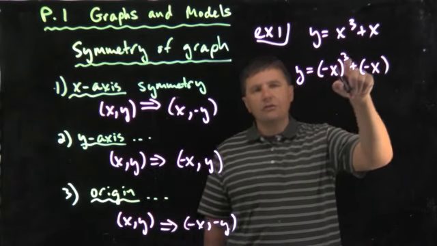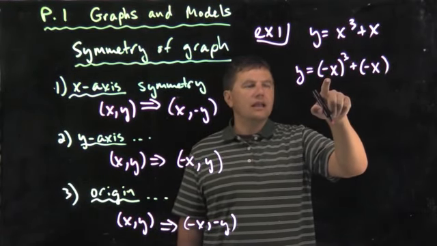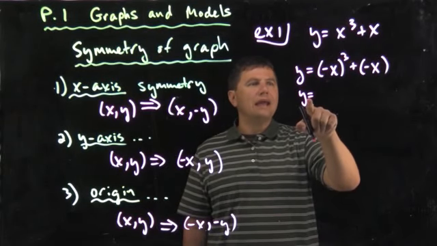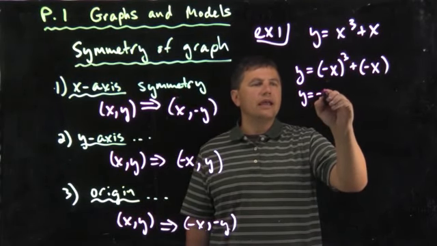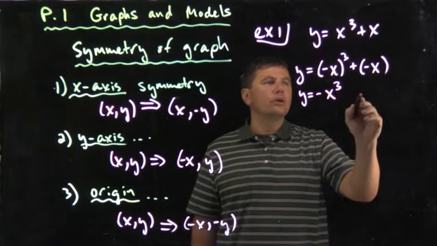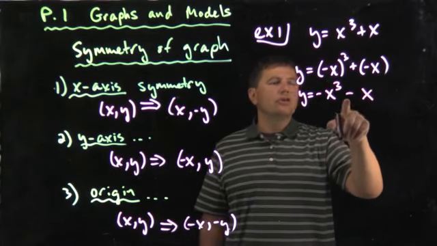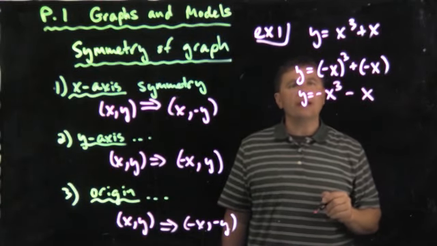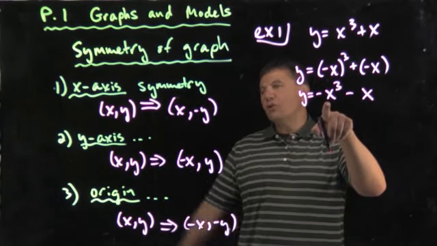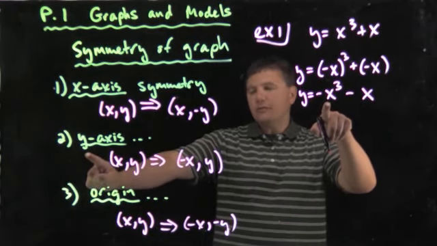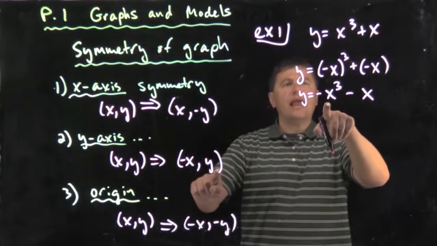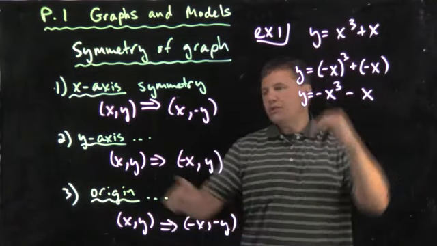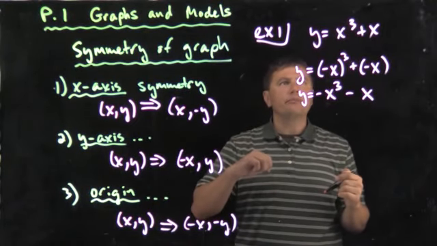If I take negative x to an odd power, it's going to retain that negative. So I can simplify this as y equals negative x to the third minus x. Notice it's not the same as the original. If it was the same as the original, then we'd have y-axis symmetry. So we do not have y-axis symmetry.